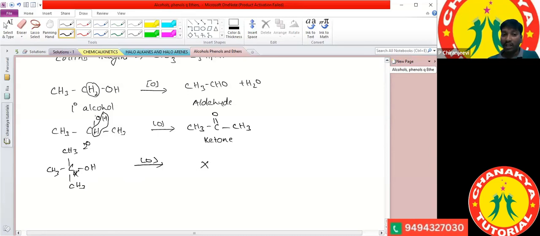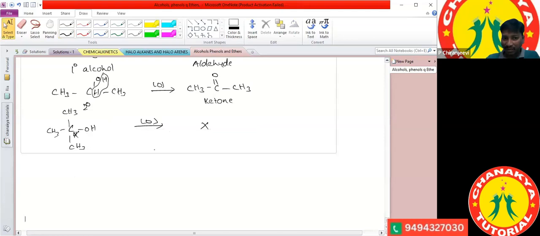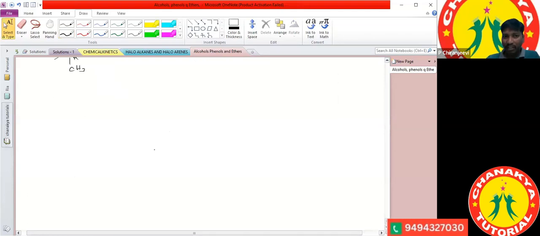And if you take strong oxidizing agents instead, what are the strong oxidizing agents? Take CH3-CH2-OH.